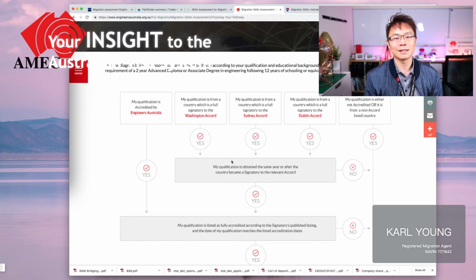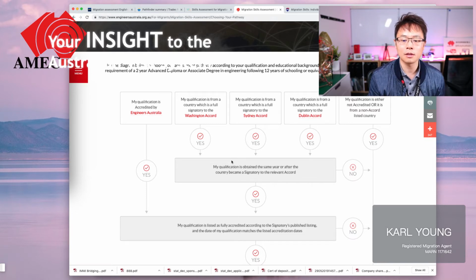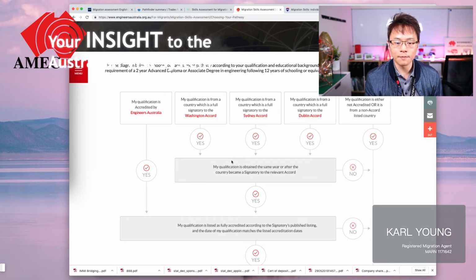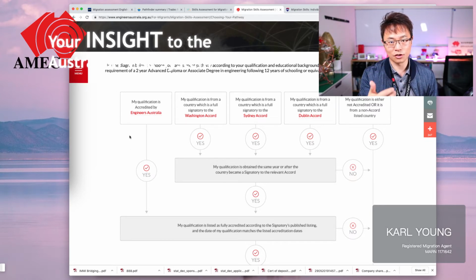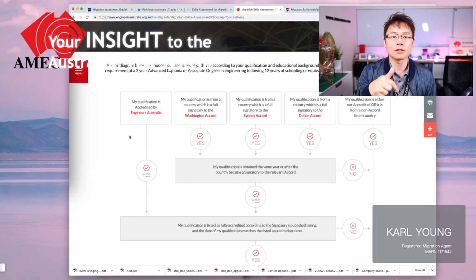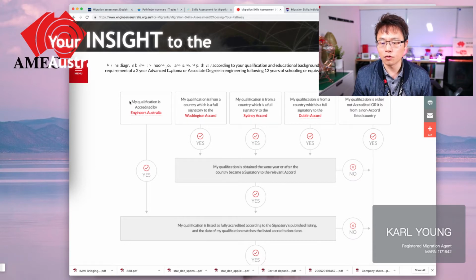Under the international accords, there are 3 accords for international engineering standards. They are Washington, Sydney, and Dublin. If we look at the first part, if you studied an engineering qualification in Australia, it has to be a 4-year bachelor degree in Australia, then you will be qualified straight away.